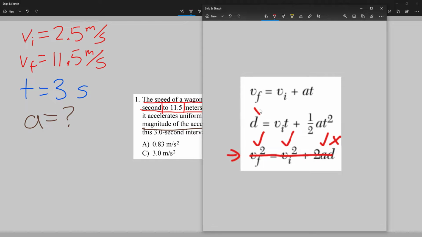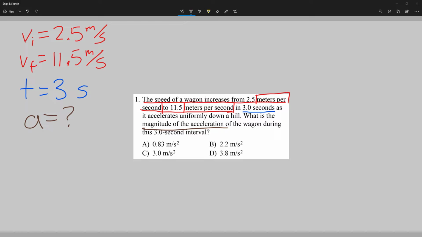Do we have D? Nope. So we're definitely not using this formula. Let's look at the first one. VF? Yep. VI? Yep. A? We're solving for A. T? We have T. So we're going to use this formula to solve for A. And you might be asking, how do I solve for A if A is not by itself?